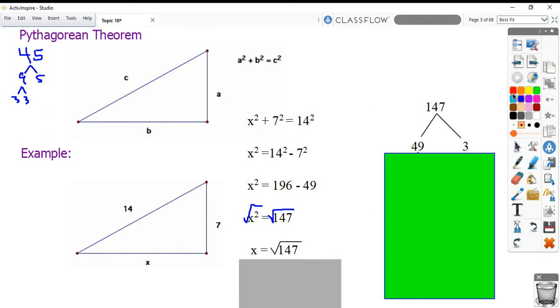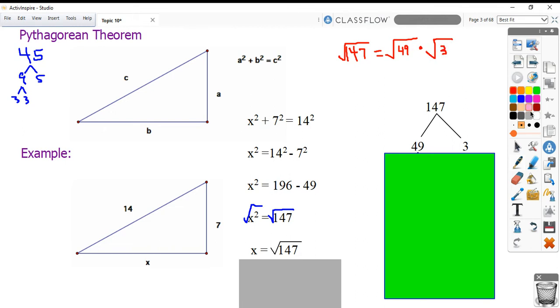I want to show you something. Something you can do with radicals is if you have a square root of a number like 147, something you can do is split it into two separate square roots. So instead of square root of 147, you could say that it's the square root of 49 times the square root of 3.